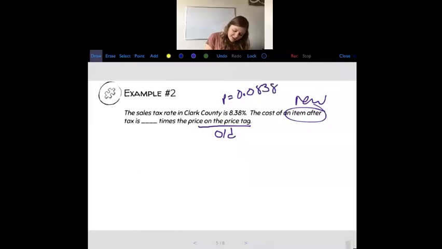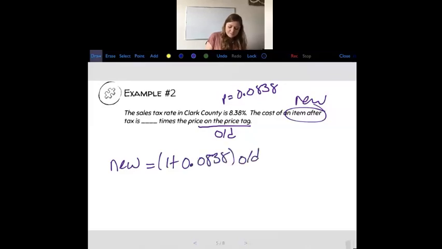Okay. So we're going to take our new, gives us 1 plus P times the old. Okay, which means that new is equal to 1.0838 times the old.